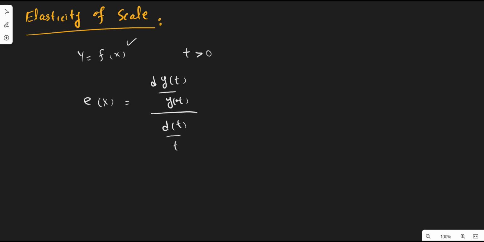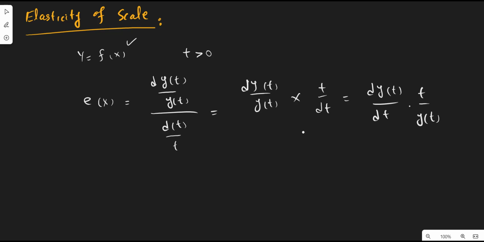So this is the percentage change in output and this is the percentage change in scalar t. Okay, we can also write the same elasticity function in this form. So if we rearrange it, the final form will be something like this.